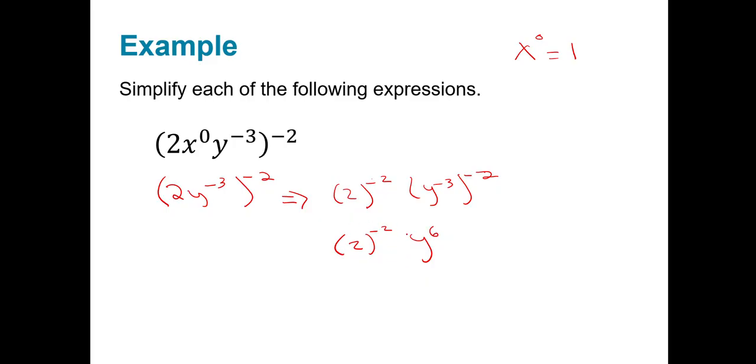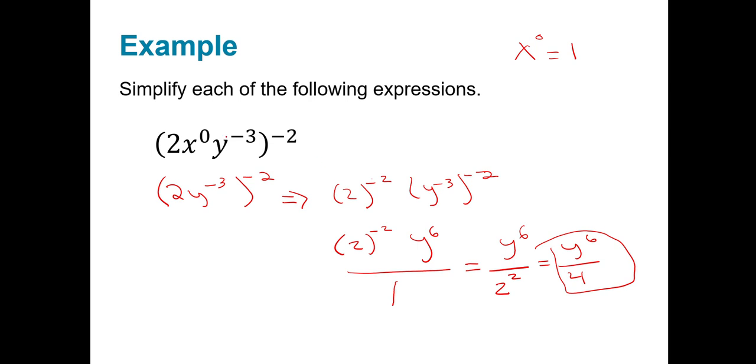Now this right here is a negative exponent, and we don't want it to be negative. So I'm going to send it to the bottom. So it becomes 2 raised to the 2, now with the exponent being positive. So then what is that? That is just 4.